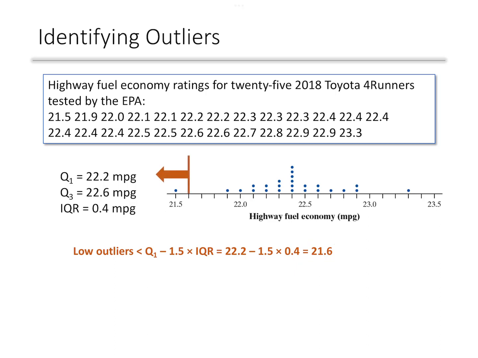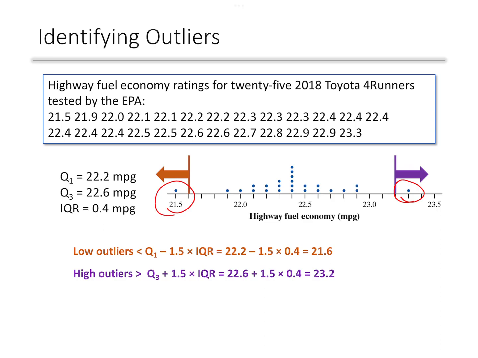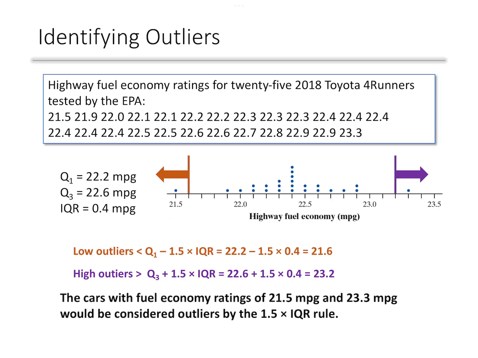For our high outliers, Q3, 22.6, plus 1.5 times 0.4 is 23.2. So the big number up here falls above that, which means both of these are outliers. You would say that the cars with fuel economy ratings of 21.5 and 23.3 would be considered outliers.